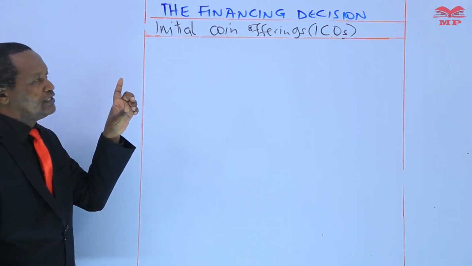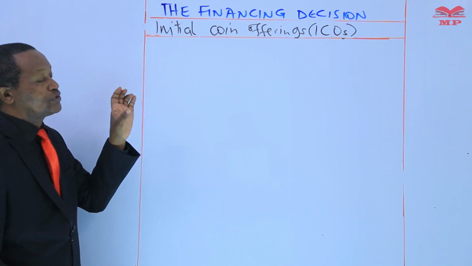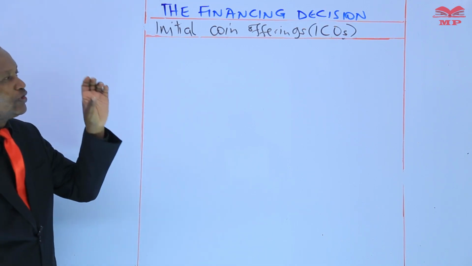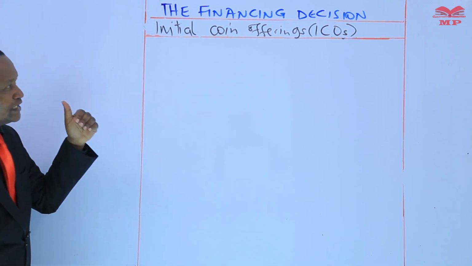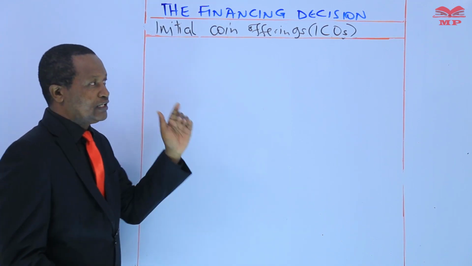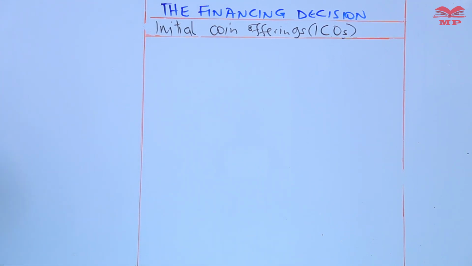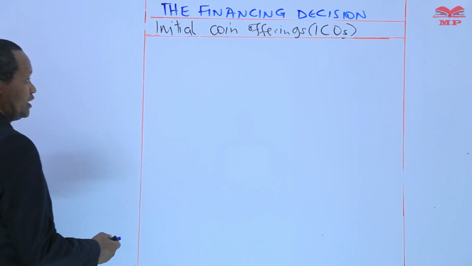And this method is based on blockchain technology. So we are going to study the characteristics of ICOs, the advantages, and also the disadvantages. But let us begin with the characteristics of ICOs.